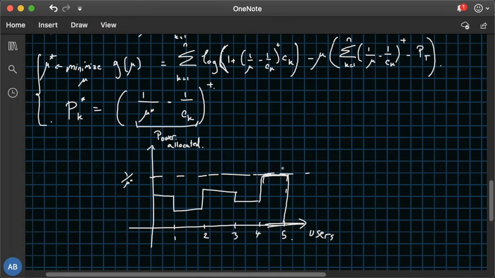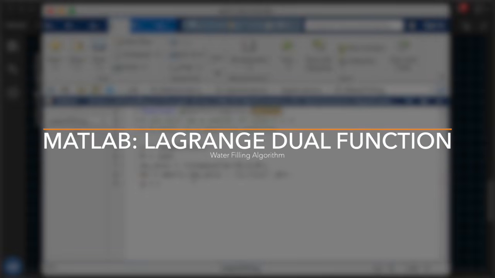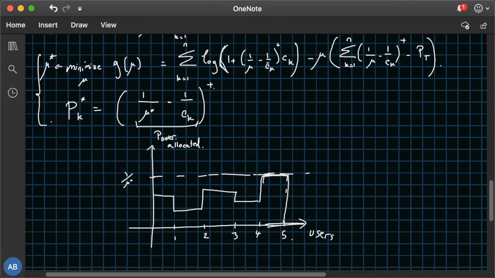So my pn's are given in this equation, that is 1 over mu axis minus 1 over CSI. Don't forget the transpose right here so that we get an n by m matrix. And we're going to take the maximum of this and 0. This is the plus superscript. Okay? Next, we're going to compute the Lagrangian dual function given here. So I'm going to replace pn's with those quantities right here.